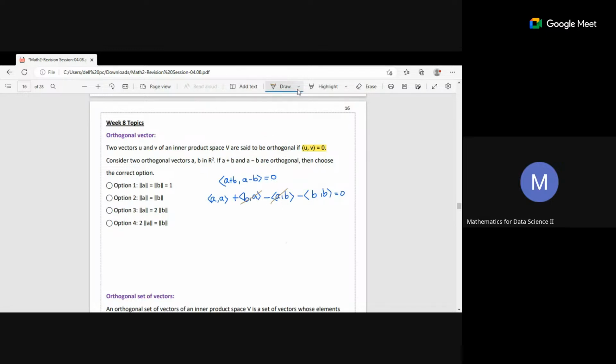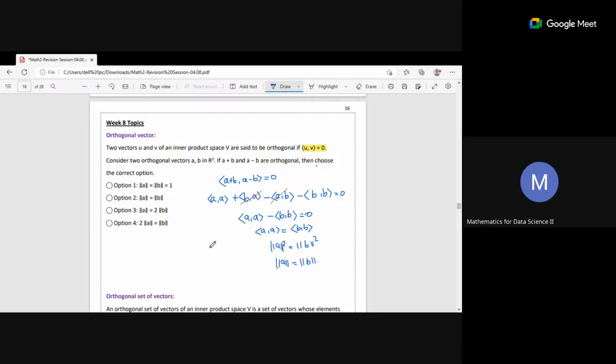So what remains is the inner product of a, a minus the inner product of b, b equals 0. Or you can write it as the inner product of a, a equals the inner product of b, b, which means norm a squared equals norm b squared, and that implies norm a equals norm b.